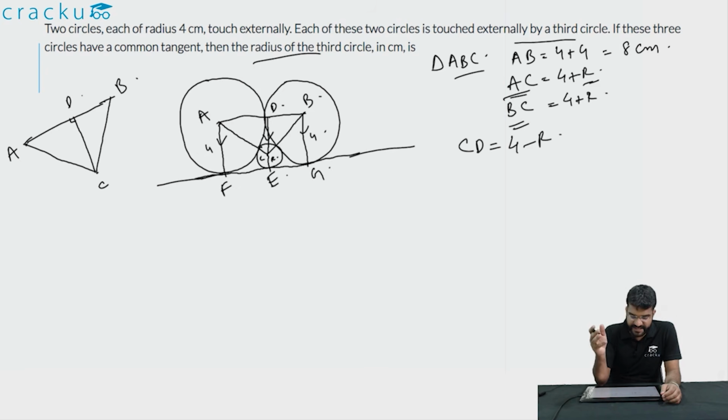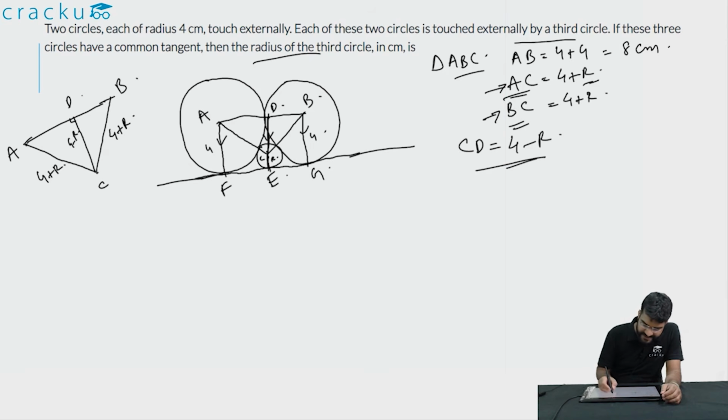So we know that DE is equal to 4 and the value of CE, that is from the center of the smaller circle to the tangent, is R. So the length of CD, which is basically the height of the isosceles triangle, is equal to 4 minus R. We know that AC is equal to 4 plus R over here. We know that BC is equal to 4 plus R over here.